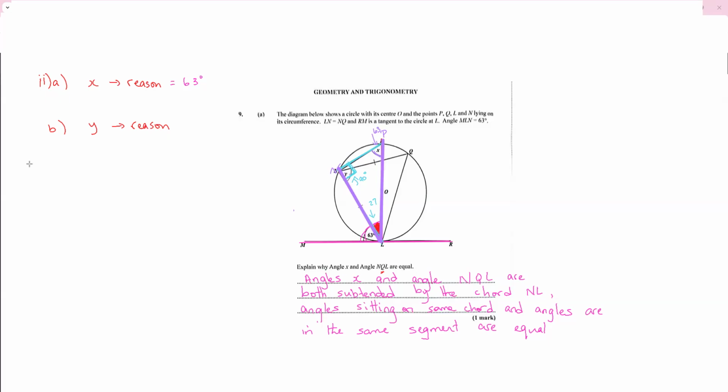I'm going to use the colors, but I'm using blue this time. If you look at it, y is actually in between an isosceles triangle, right? So it's in between an isosceles triangle.